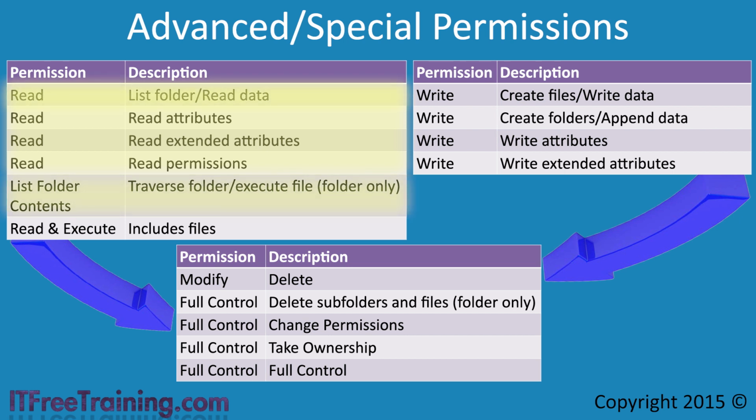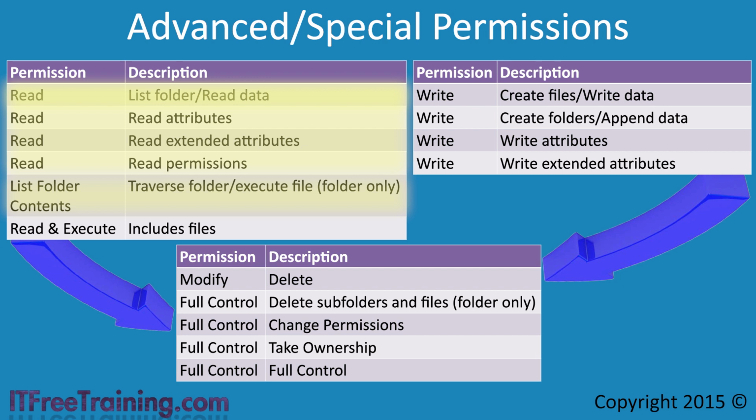If you select the basic permission list folder contents, this also selects all the read permissions and adds traverse folder execute file. List folder contents is different than the other basic permissions, as it only applies at the folder level and does not affect files.